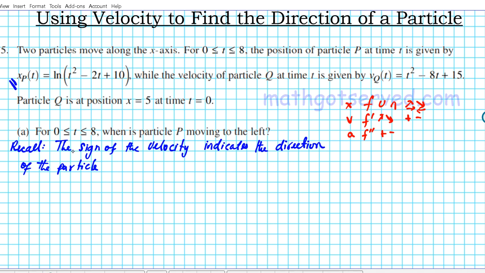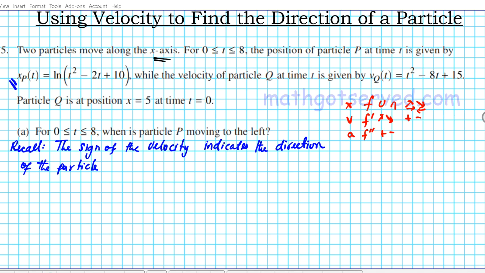So when I say the sign of the velocity indicates the direction of the particle: moving along the x-axis, positive velocity means you're moving to the right. Negative velocity means you are moving to the left.